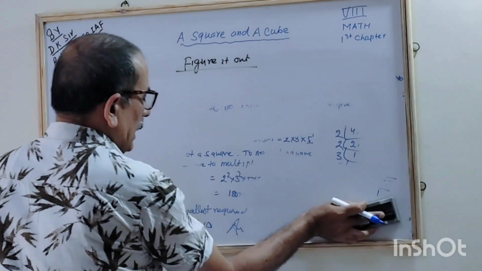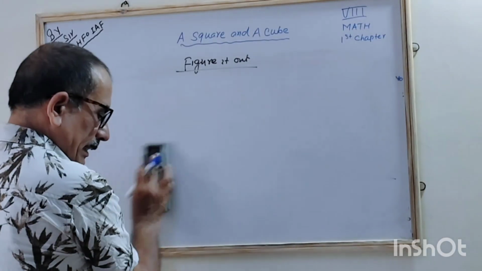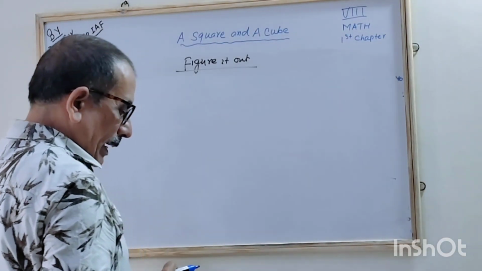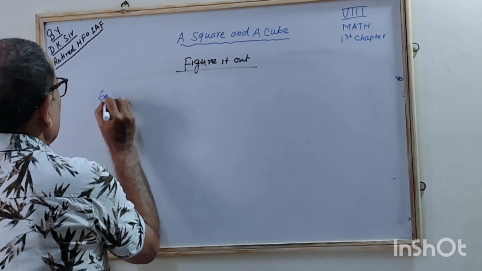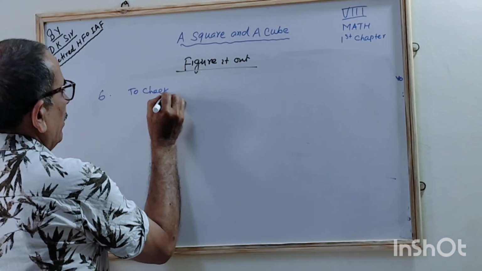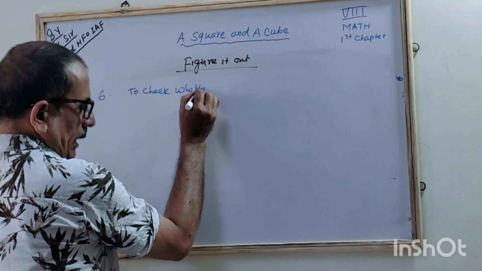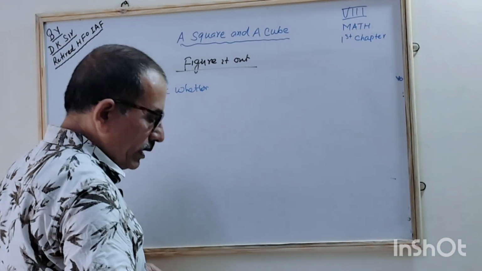Now we will see the sixth. What is the sixth? To check and make a perfect square, we will go for the prime factor. Now what is the question?